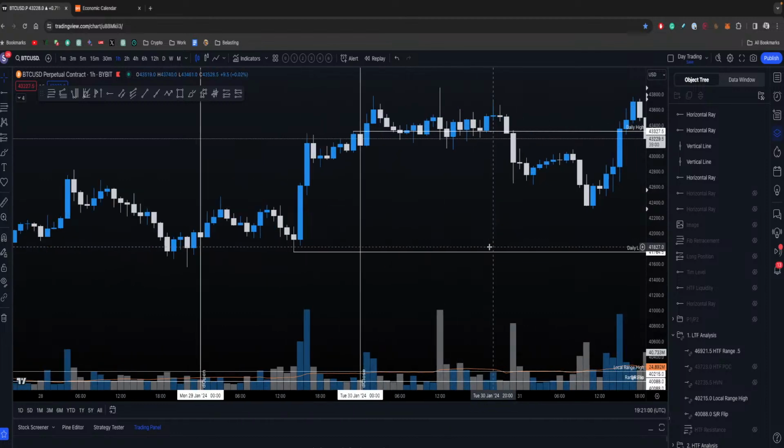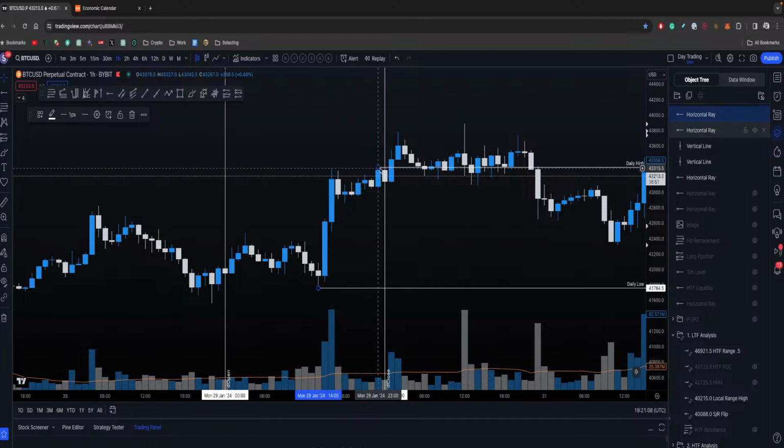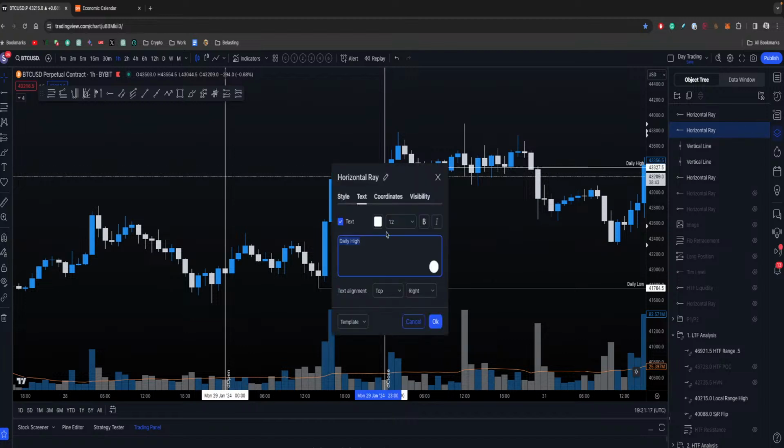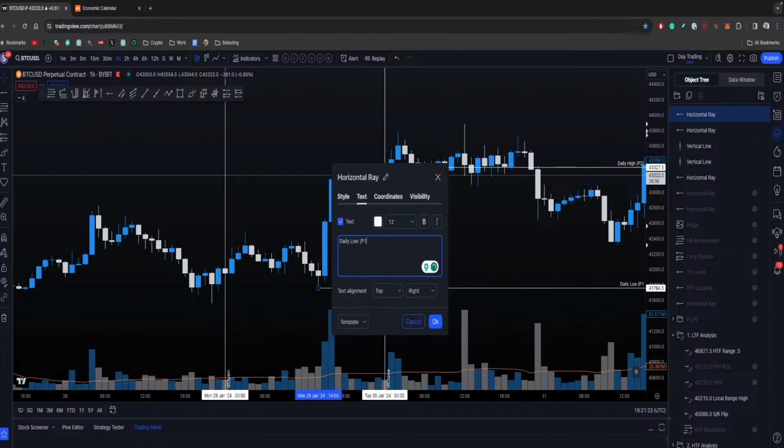Now, P1 is simply whichever pivot came first. So if the daily low was put in before the daily high, then P1 is the daily low. And the daily high is the P2. So if I put that in here, daily high is P2, daily low, P1.